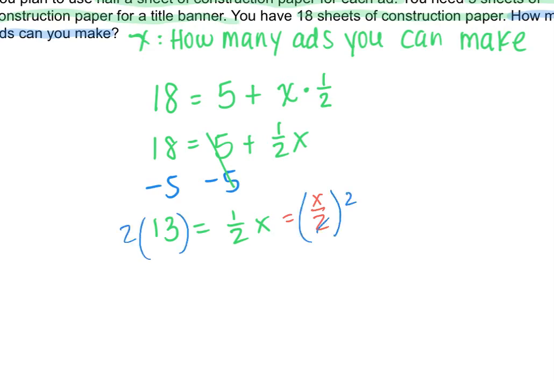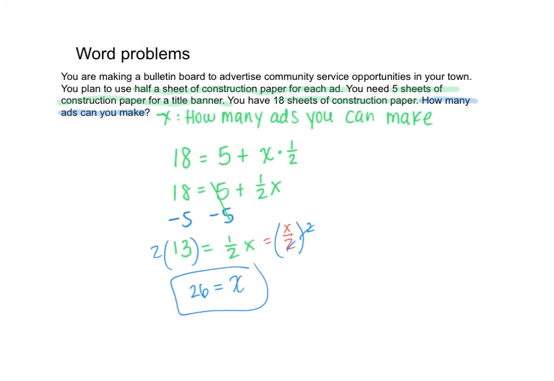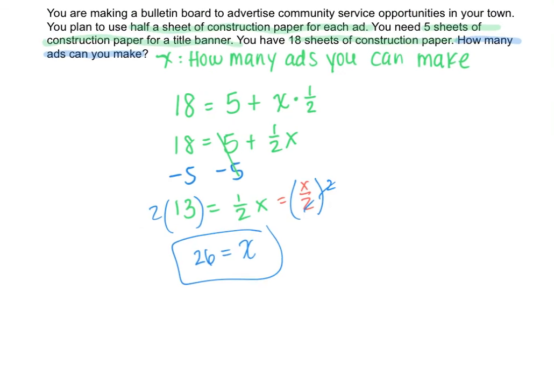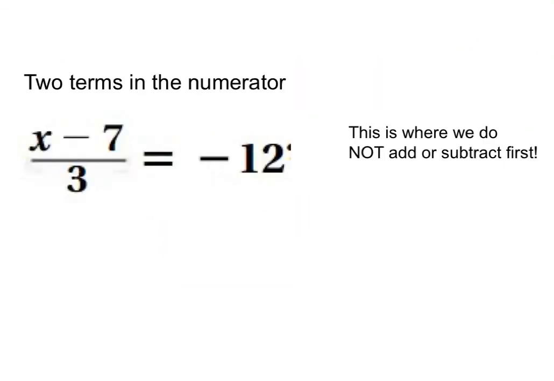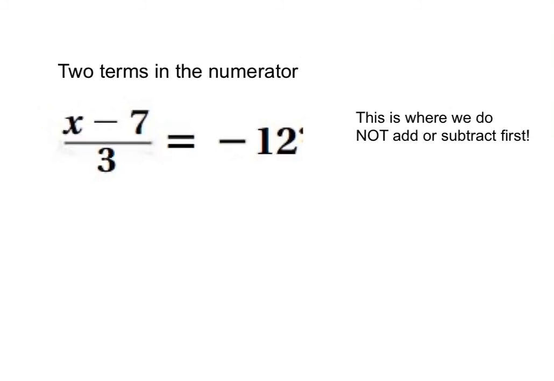So the 2's will cancel and you're left with x equals 2 times 13 is 26. So we took that complicated word problem and we turned it into a 2-step equation and we solved for our variable.